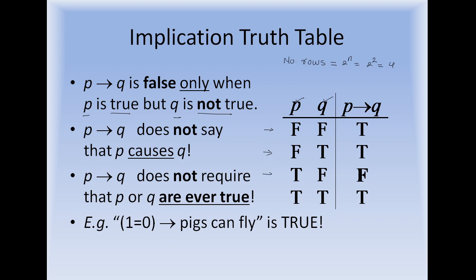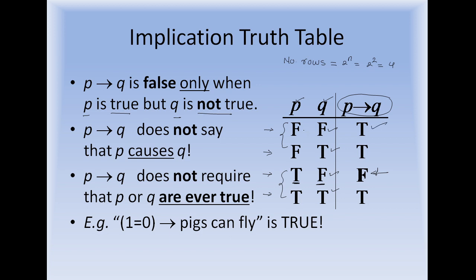How to write down these 4 rows? First two true, next two false; alternate true false, true false. Already I said that P implies Q is going to be false only when P is true and Q is false, otherwise it is true.